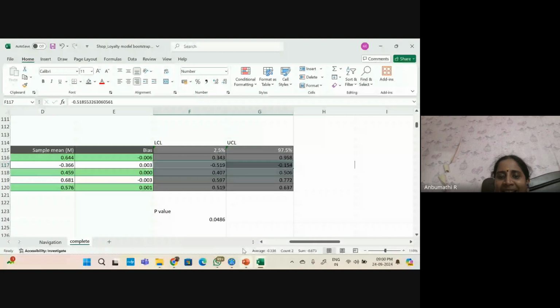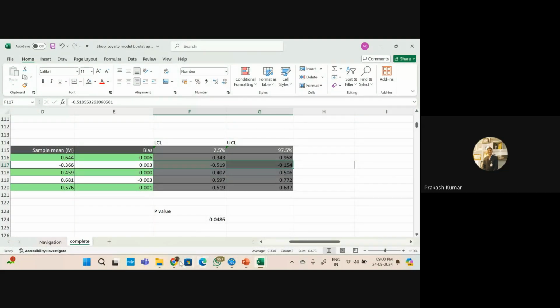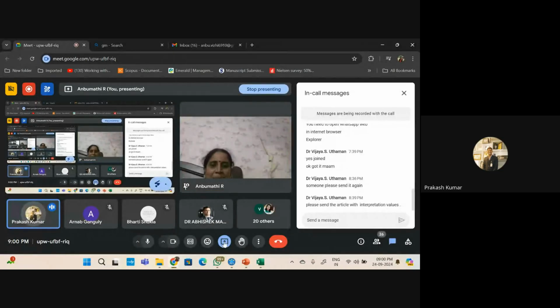Do you understand? Yeah, madam. We can see both are positive, both are negative. So it has to be like that only, no? Either positive or negative, right? Yes. Suppose one is positive, one is negative, madam. That's what I'm explaining.